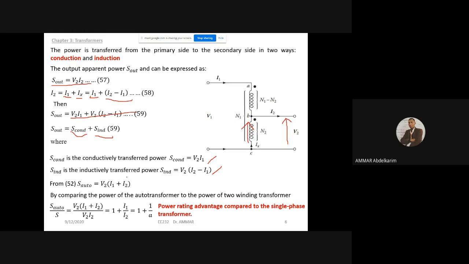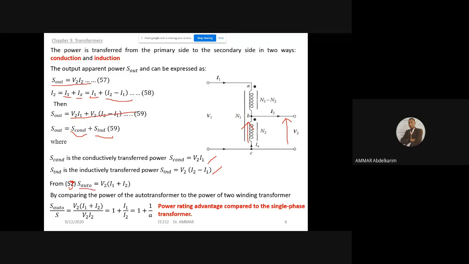Now let's do a comparison between the power of the autotransformer and the power of a conventional transformer. From this expression, for example, here it's not 52, it's 59.